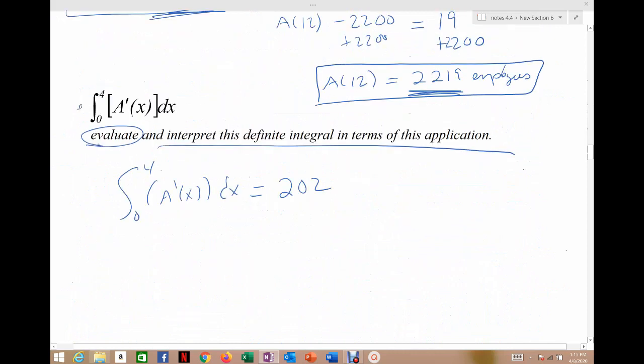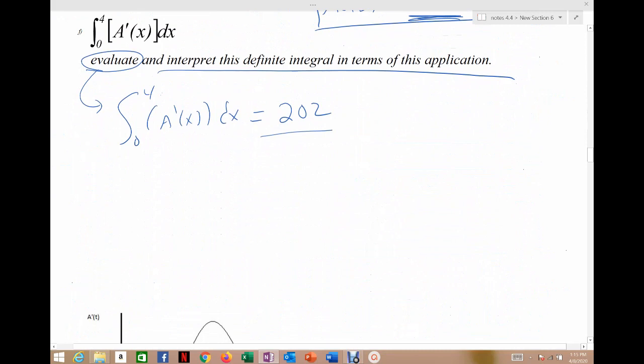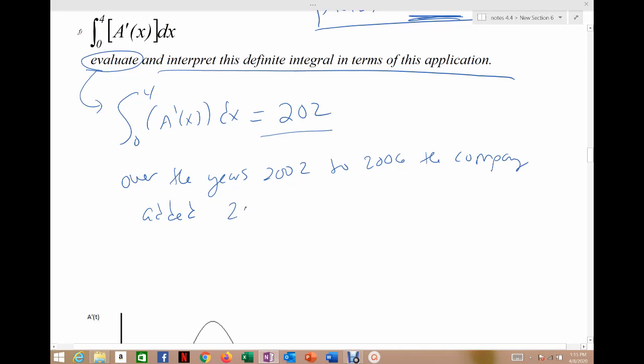That's the evaluate. So the definite integral from 0 to 4 of my rate of change function equals 202. That's the first part. And then the second part, what does it mean in terms of my application? Well, that means over the years 2002 to 2006, the company added, gained, increased employees, however you want to word it, 202 new employees.